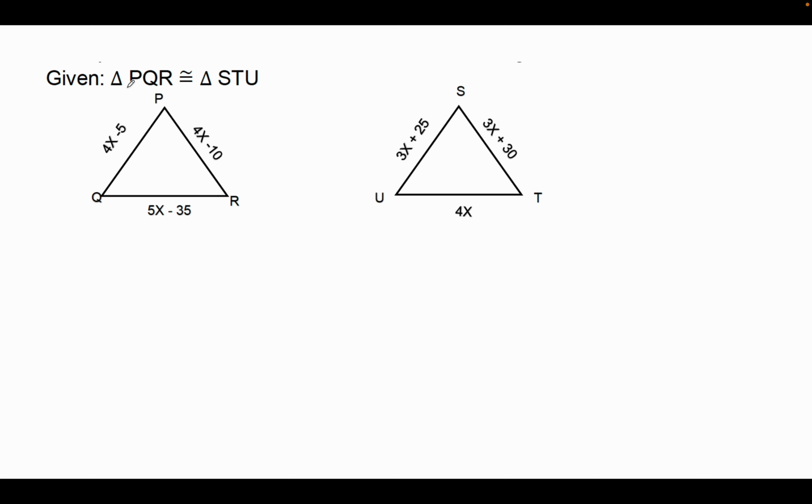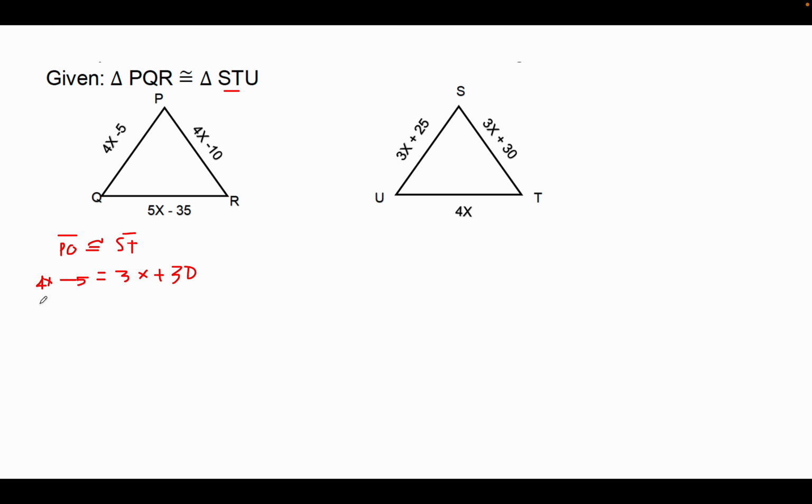So, sa pagkaka-state dito, triangle PQR, STU. So, side PQ is congruent to what side? ST, di ba? Kailangan tignan natin maigi yon. So therefore, if the two sides are congruent, equal yung measure nila. So we can equate 4x minus 5 is equal to 3x plus 30.